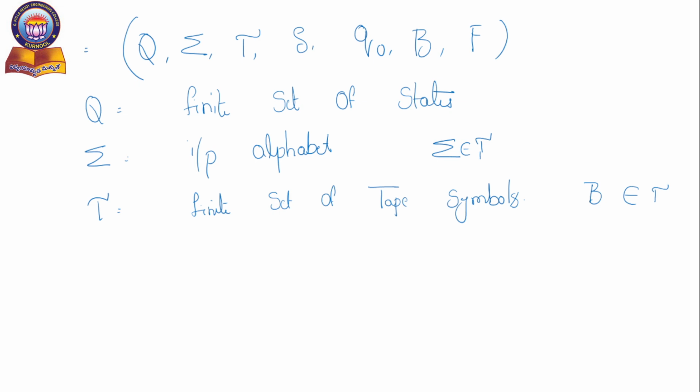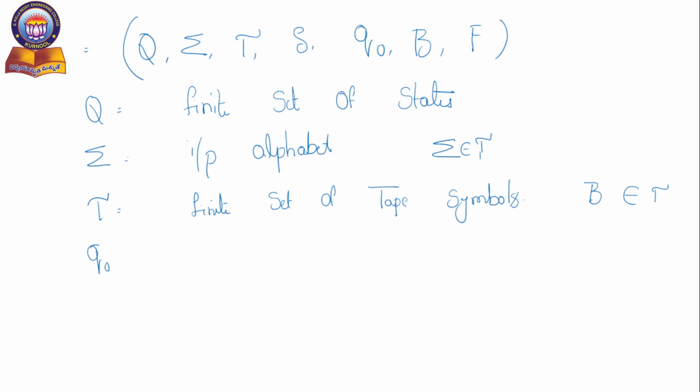Please remember, sigma is the input alphabet. It will be a subset of the tau, but the blank B symbol won't be there in the sigma. Tau is said to be the tape alphabet. So whatever be the symbols that can be placed in the tape, all those symbols will constitute the tau. And sigma will be the subset of the tau. Compulsorily in the tau, B symbol will be there.